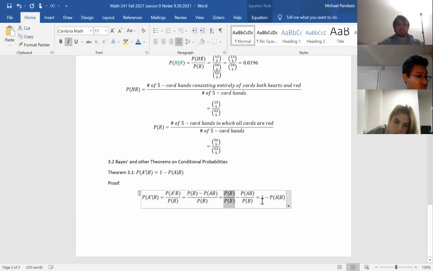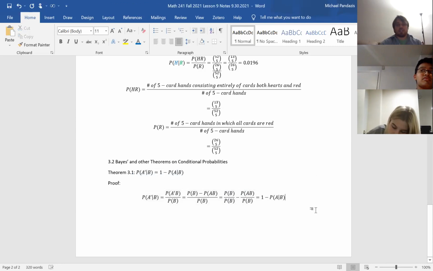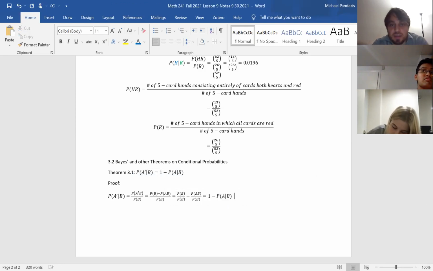This is 1, and this, by the definition of conditional probability, is that. And so we just showed that P of A prime given B is equal to 1 minus P of A given B. That's what we wanted to find. So the proof is now done.